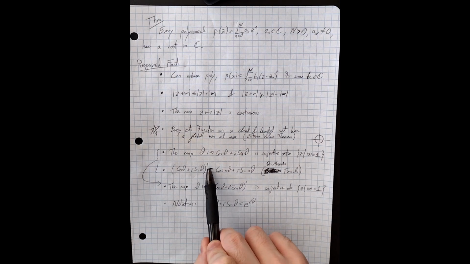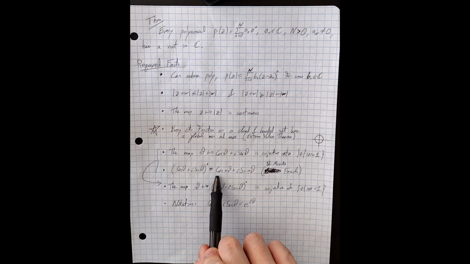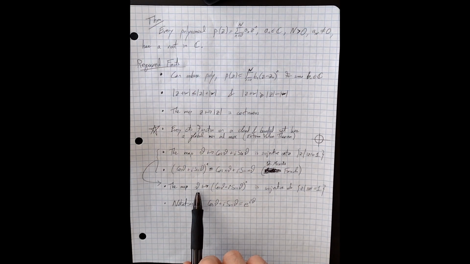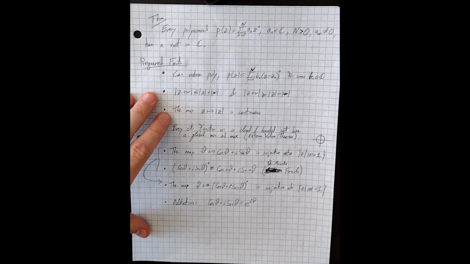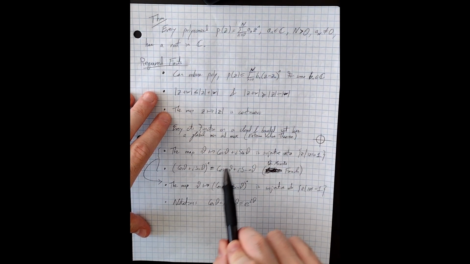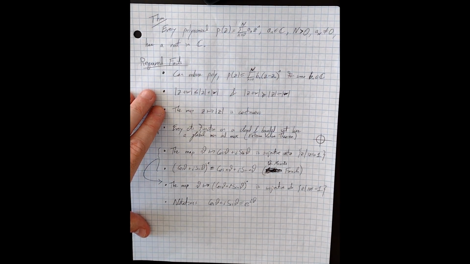This you prove by induction on n, just using some trig identities. And you take this with the above fact to get that the map theta to cos n theta plus i sine n theta is also surjective, right? You just divide whatever theta up here by n, and then it'll work for the map down here. So that's surjective onto the unit circle.